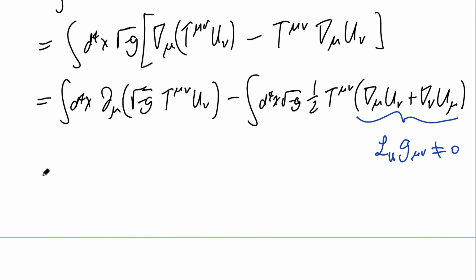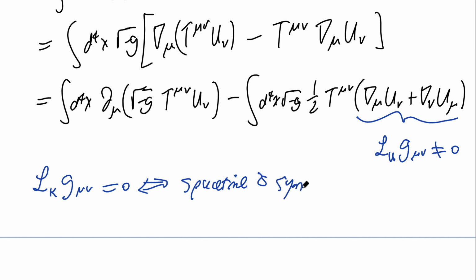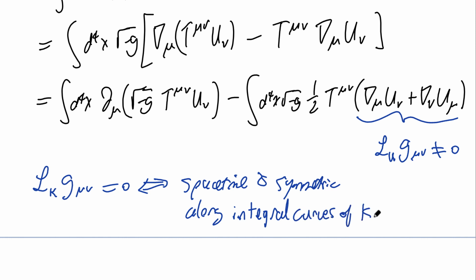Also recall that the Lie derivative of the metric is related to spacetime symmetries. If we have a vector field k for which the Lie derivative along k of g mu nu is equal to 0, then that corresponds to a symmetry. In other words, the spacetime is symmetric under a translation along the flow lines of k, along the integral curves of the vector field k.